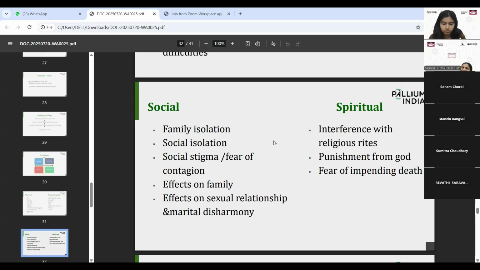That patient is having severe pain, but he is not taking medicine at all, because he is thinking God has punished me, so why do I need to take medicine? I won't take medicine. I am taking this pain as a punishment from God. Okay, these are all wrong beliefs.